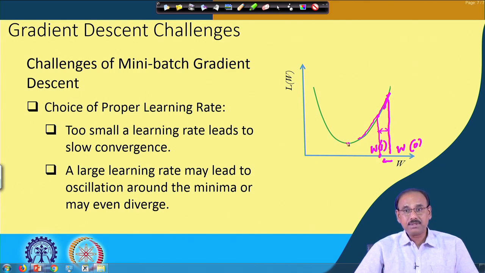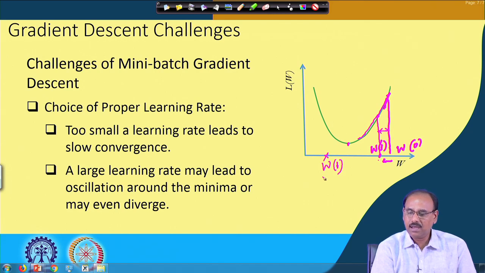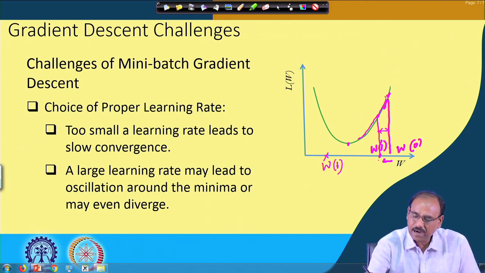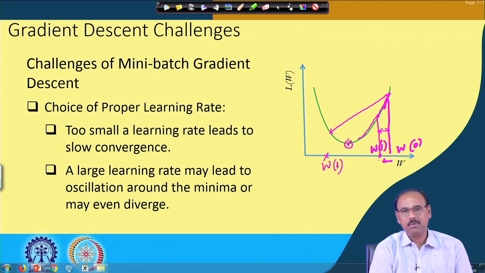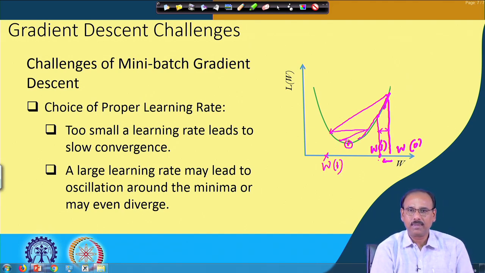If the updation step size is large, that is, instead of W1 being here, suppose W1 comes somewhere over here. If the updation step size is very large, you find that your loss value straightaway jumps from here to here, and in the process you are bypassing your minimum loss location. Of course, gradually you will come over here, but there will be an oscillation.